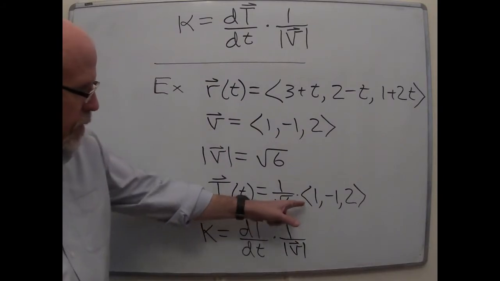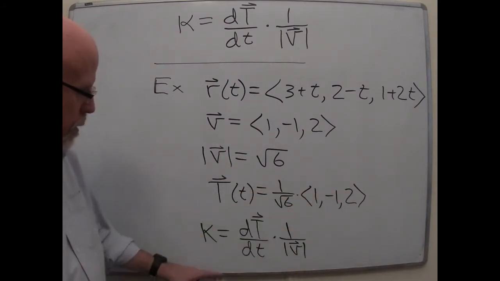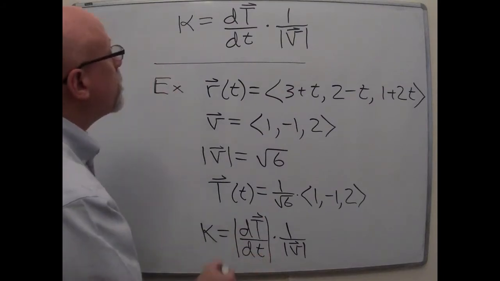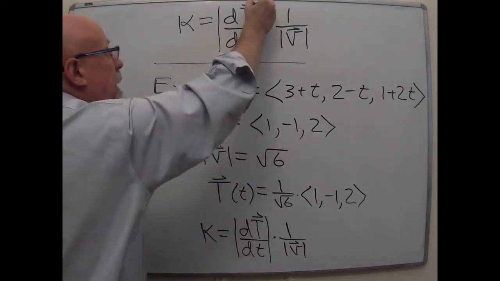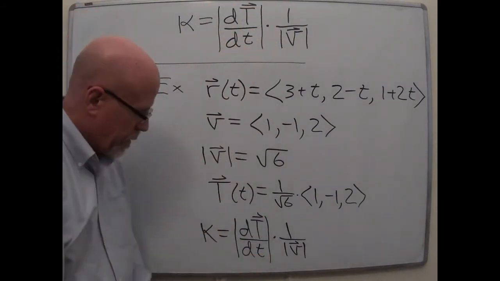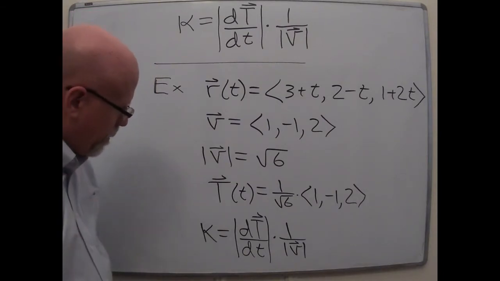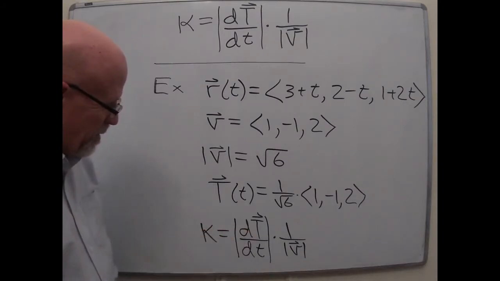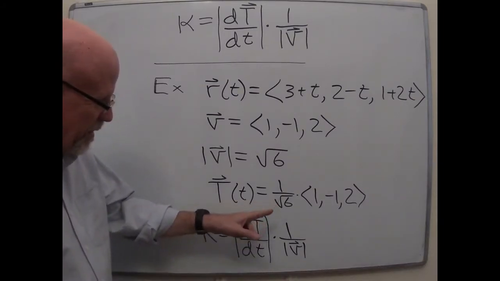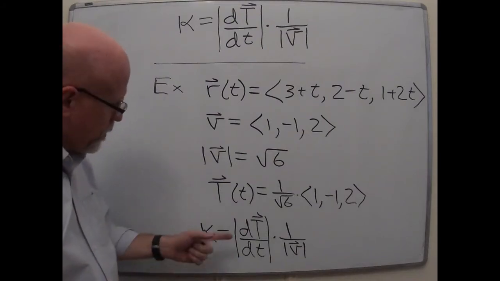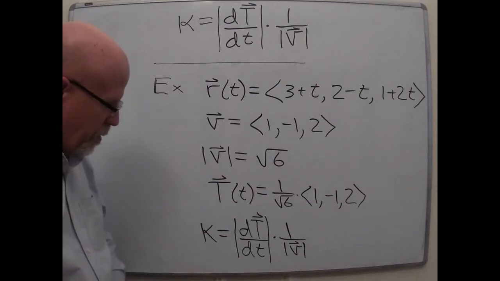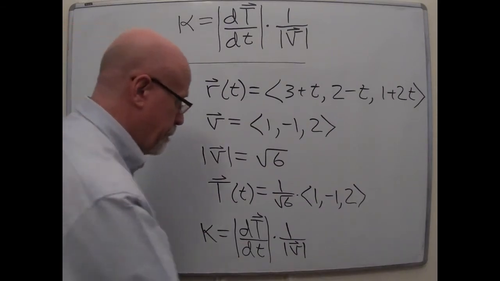But this is a constant vector, right? I keep forgetting to put the absolute values around these. We want the lengths of these vectors, not the vectors themselves. Oh, my bad. The derivative of T, which is constant, is 0. It's a 0 vector. When we take its length, we get 0, and it doesn't matter if we multiply by 1 over v, we still get 0.